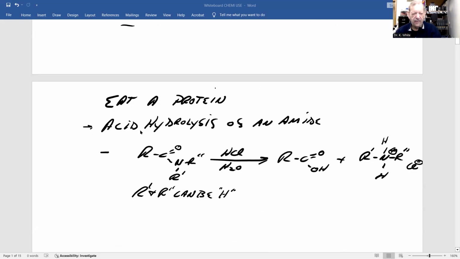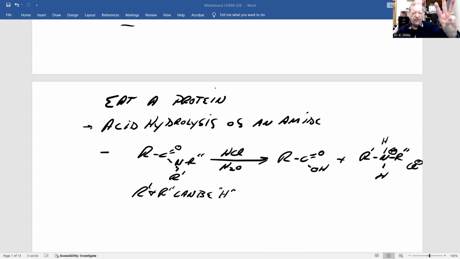And finally, when you eat a protein, what's the key functional group that keeps amino acids together in a protein? And that's an amide. And because there's acid and water in your stomach, the key reaction that a protein undergoes when you're digesting it is acid hydrolysis of an amide.